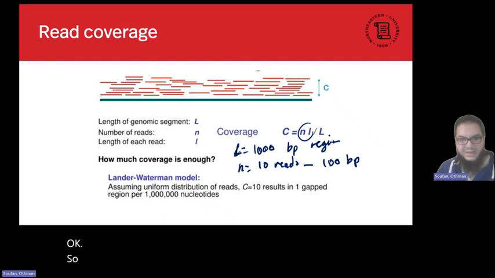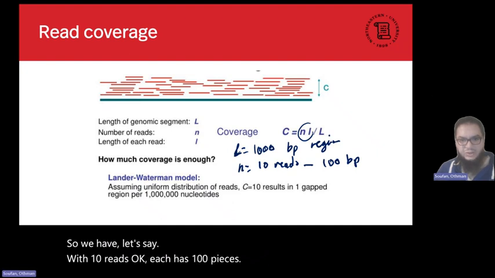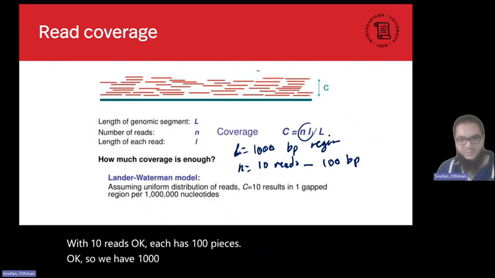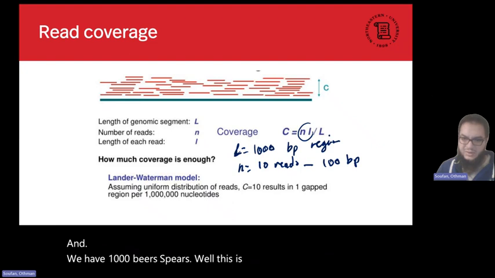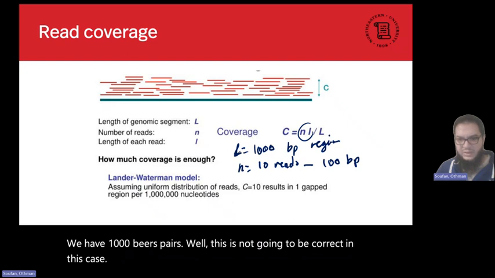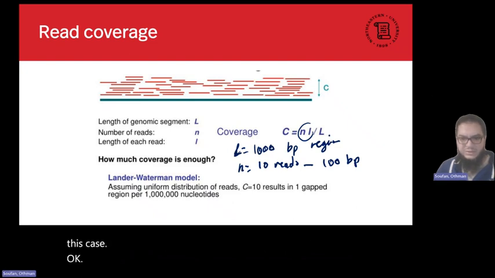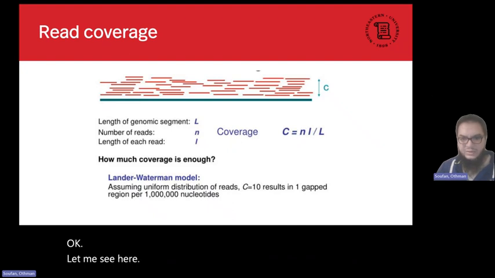So we have 10 reads, each has 100 bases, so we have 1,000 base pairs. Well, this is not going to be correct in this case. Let me do this again.